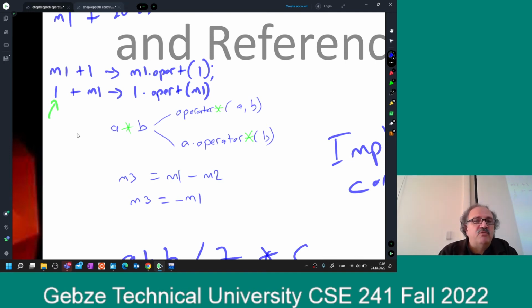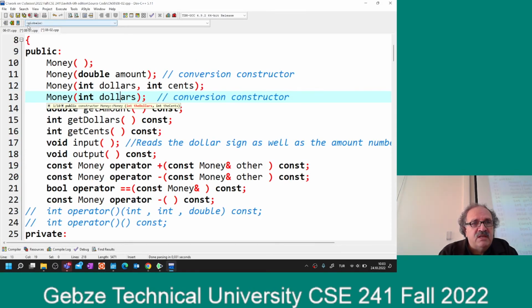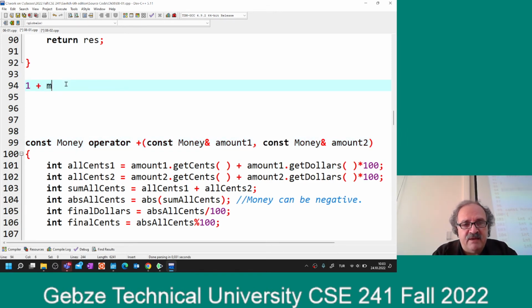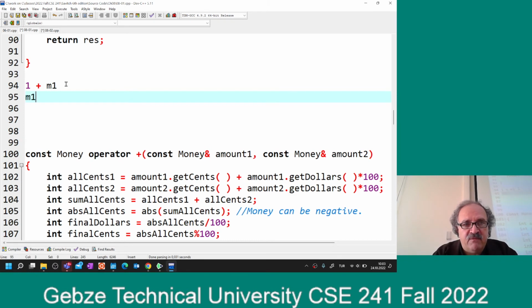So if you have a global function overload, like I showed you before, like this one, okay, plus operators, this will work with both 1 plus m1 and m1 plus 1, okay? Or it will work both 1.10 plus m1 and m1 plus 1.10, okay?